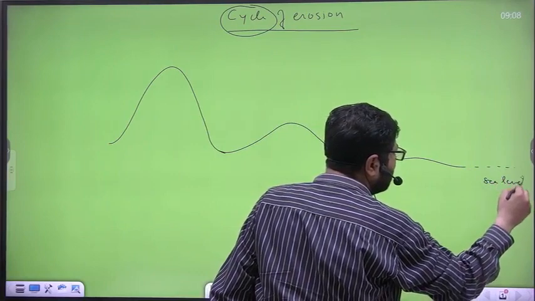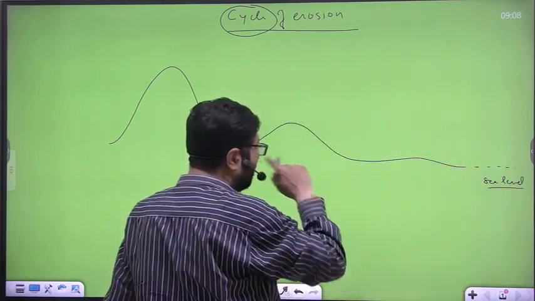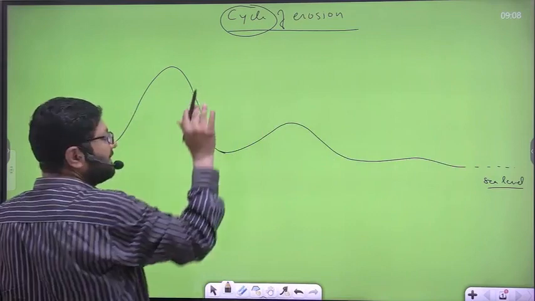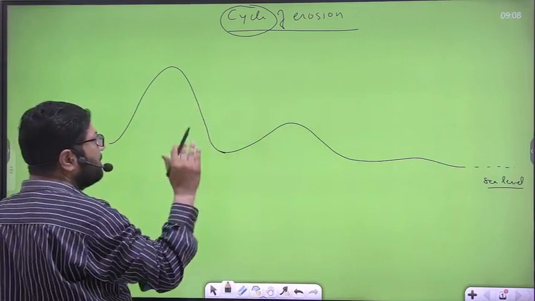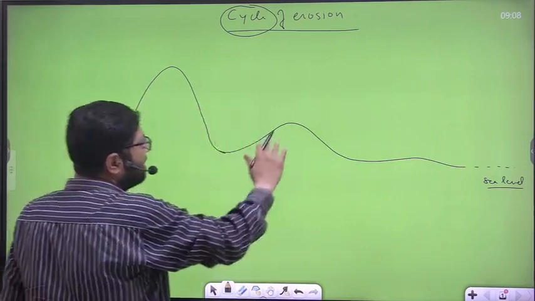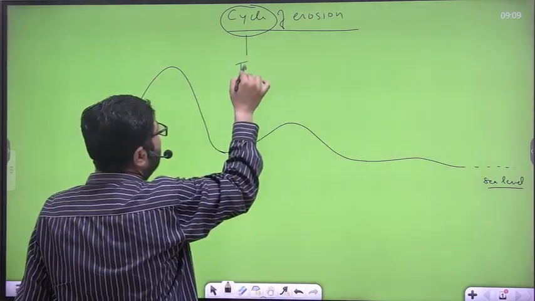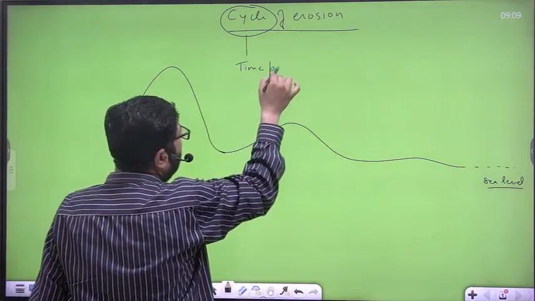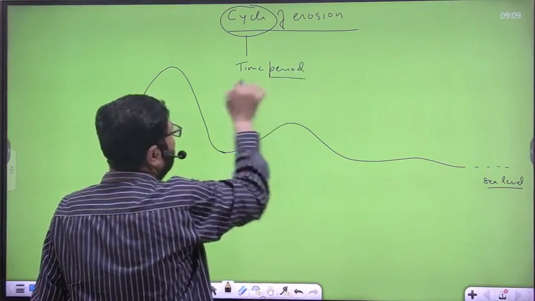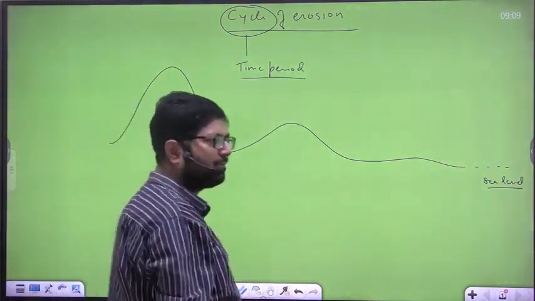Sea level is the ultimate base level. Cycle is that duration of time during which an uplifted landmass is reduced to sea level. That time period is known as cycle. ठीक है?